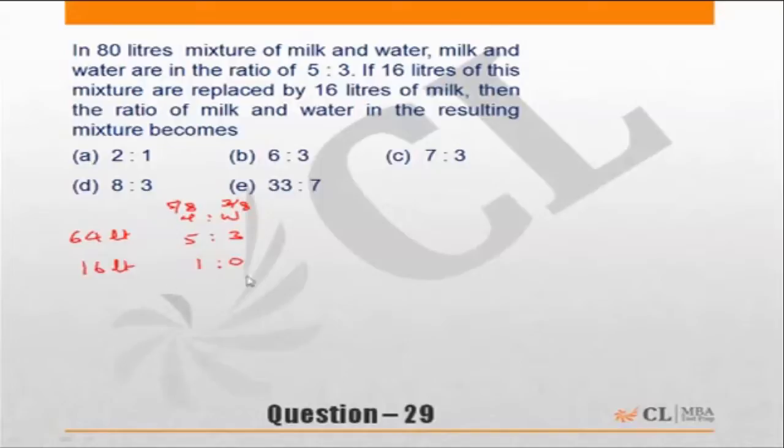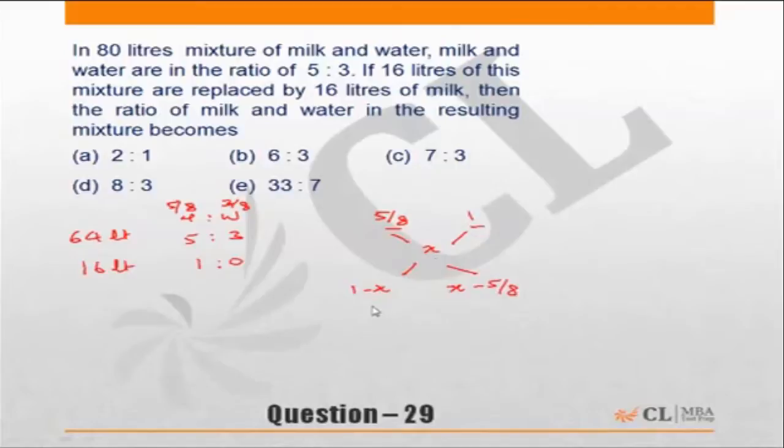Let's try to apply alligation. If you are alligating with respect to milk, you are mixing a mixture which has 5/8 milk with another mixture which has 100% milk, such that the average is equal to x. This is 1 minus x, and this will be x minus 5/8, because x is the average, so it should be more than 5/8 and less than 1.